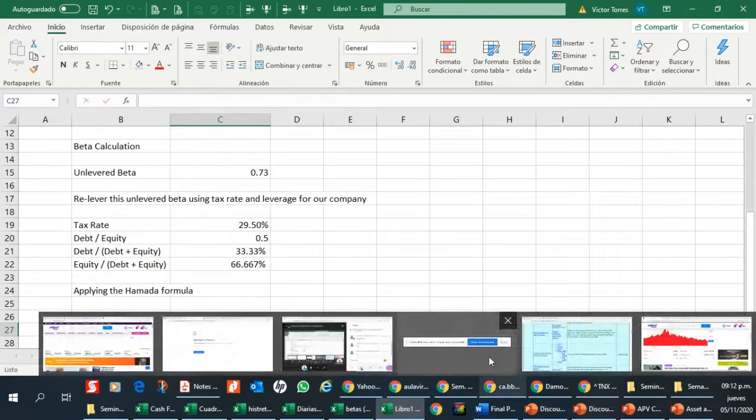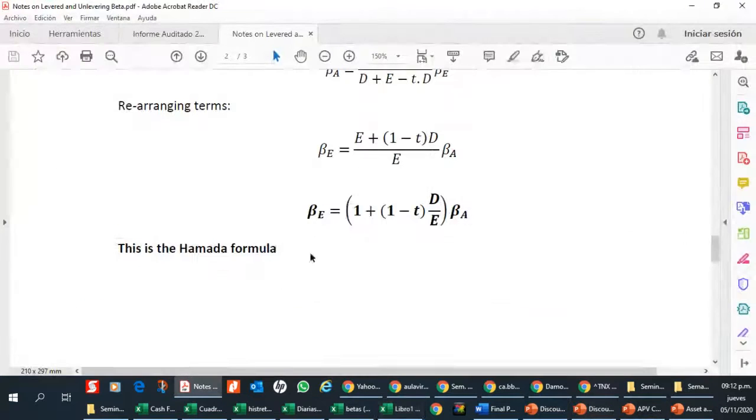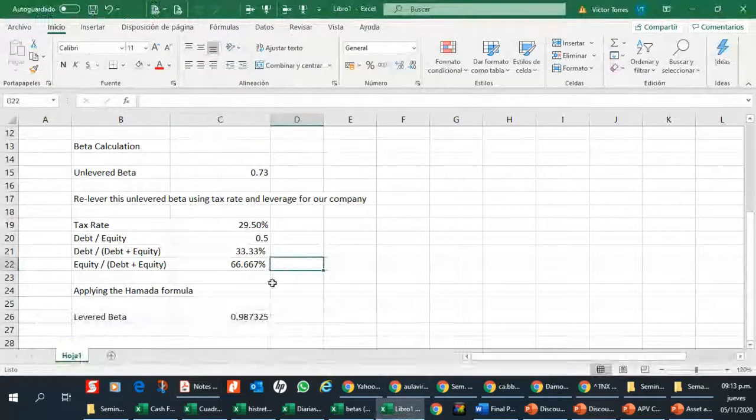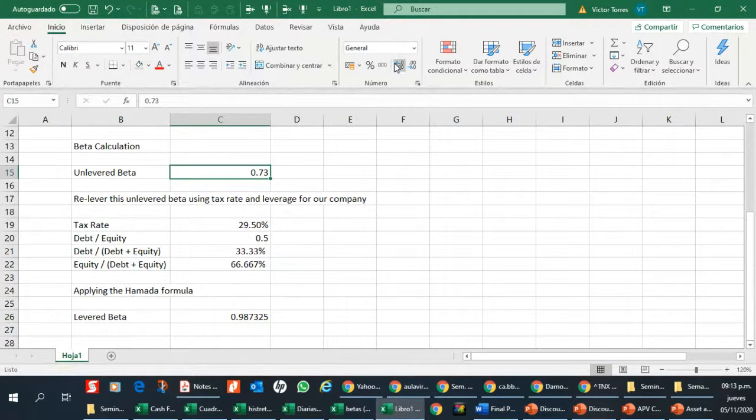That's telling me that my unlevered beta of 0.73 gets converted to a levered beta of 0.9873.